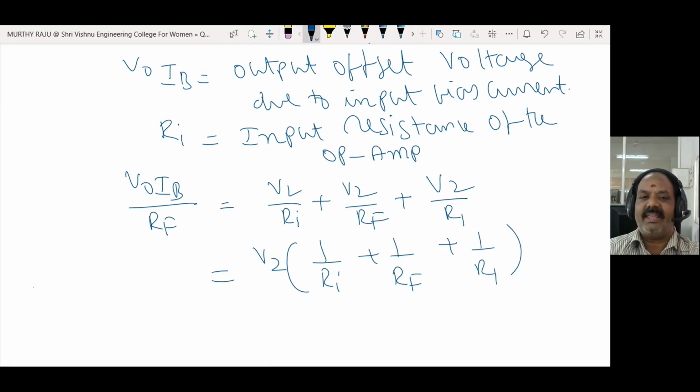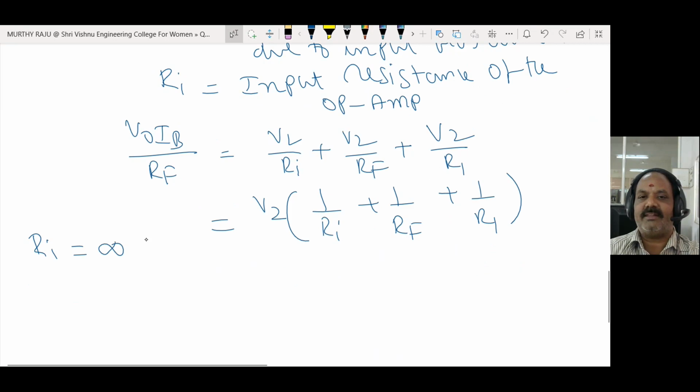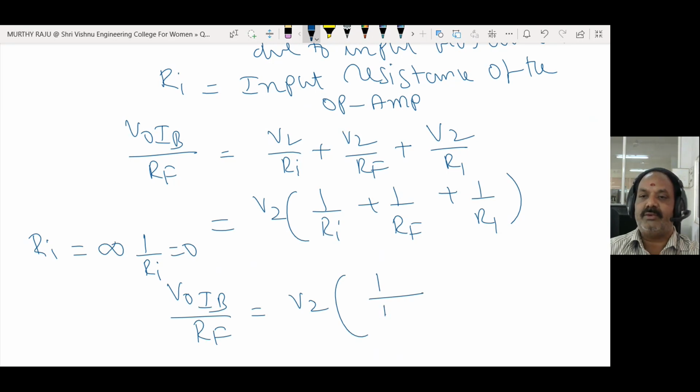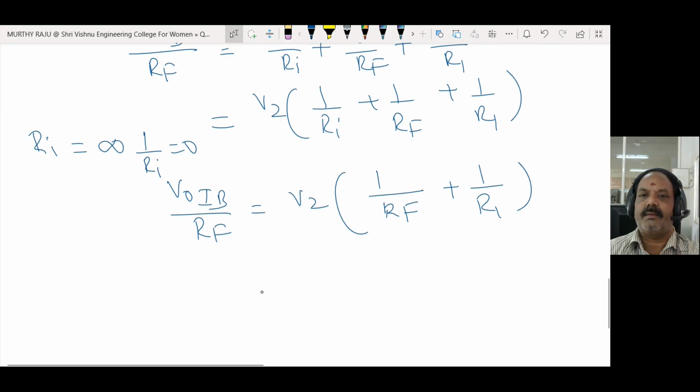We know that Ri is infinity, an ideal characteristic of an op-amp, so 1 by Ri is equal to 0. Therefore, VOIB by RF is equal to V2 into 1 by RF plus 1 by R1, which is V2 into R1 plus RF by R1 RF.